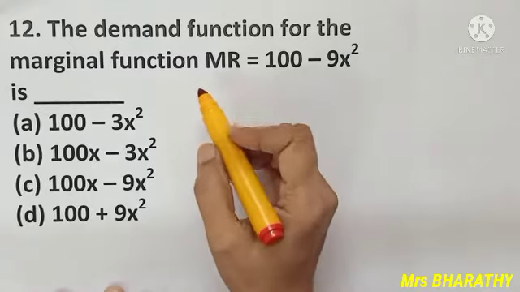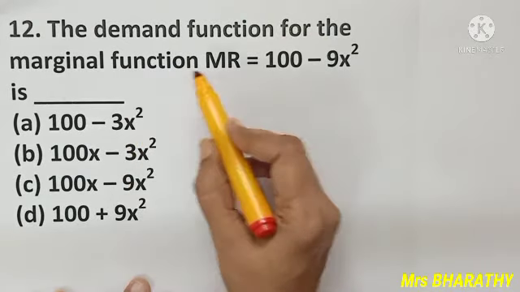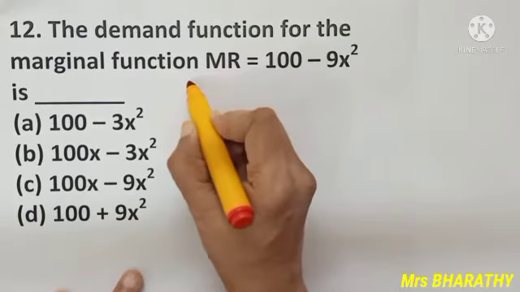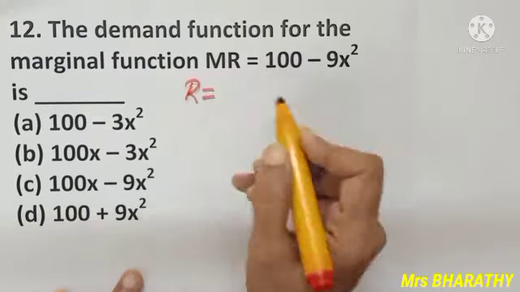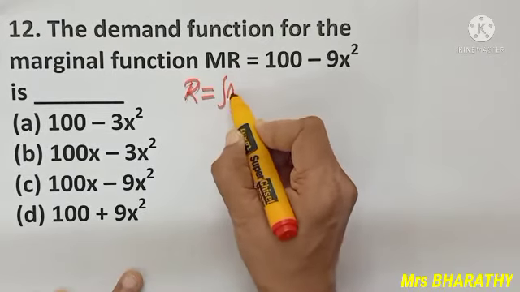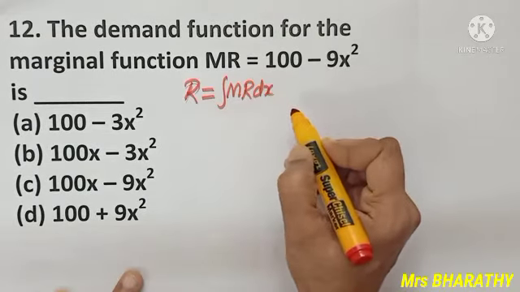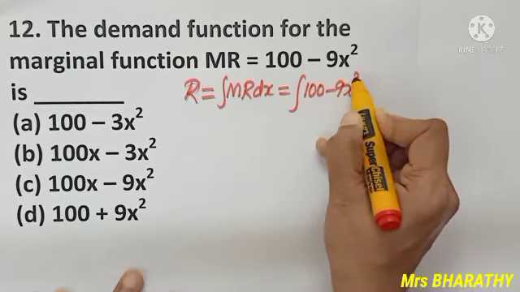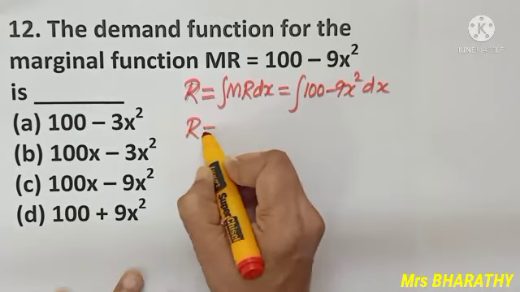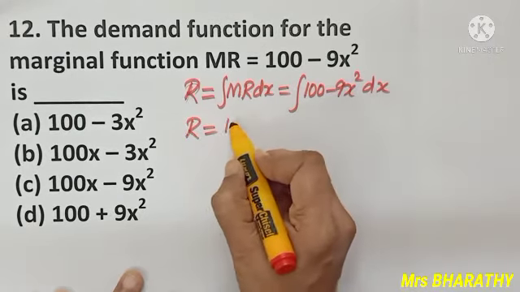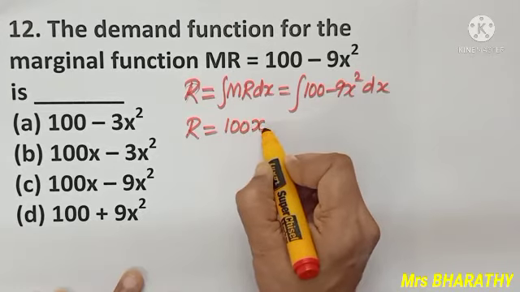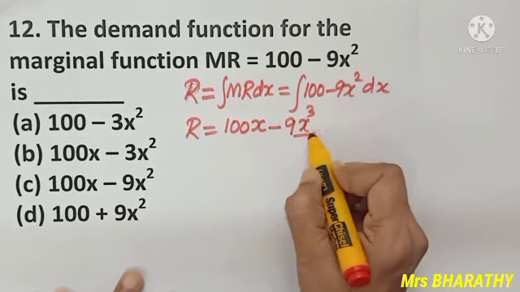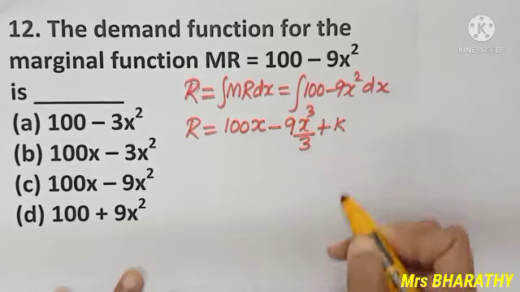Question number 12. The demand function for the marginal function we need to find. MR is given. Let us find out what R is. R is integral MR dx. As I substitute, integral 100 minus 9x square dx. As we integrate, 100 constant becomes 100x, minus 9x square becomes 3x cube, plus constant.